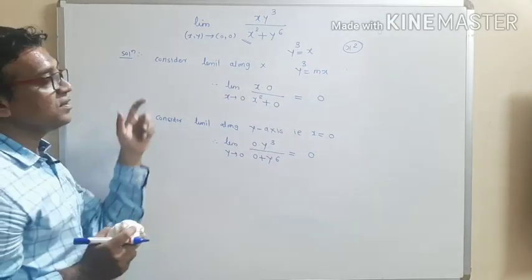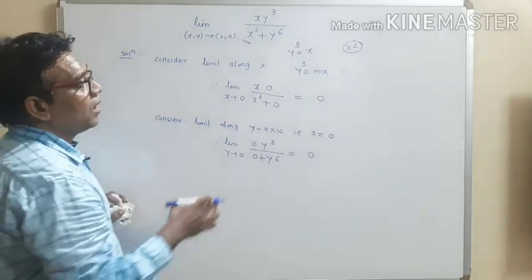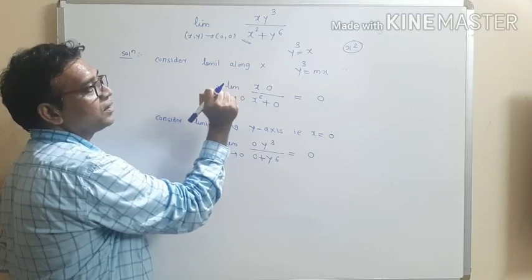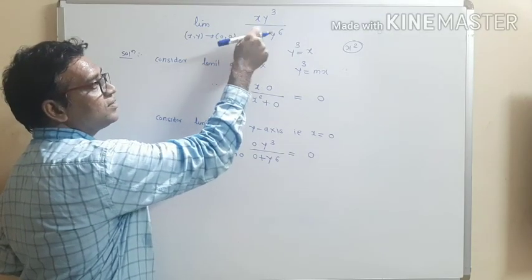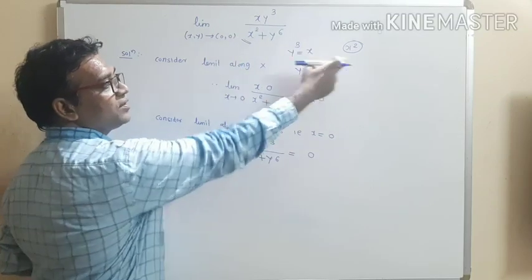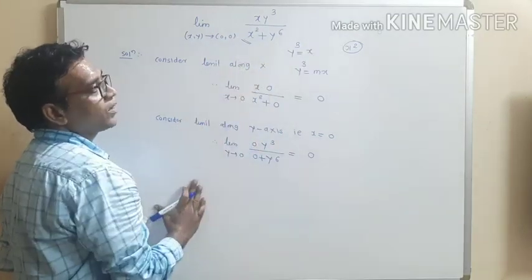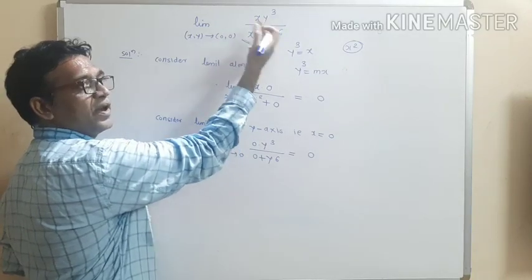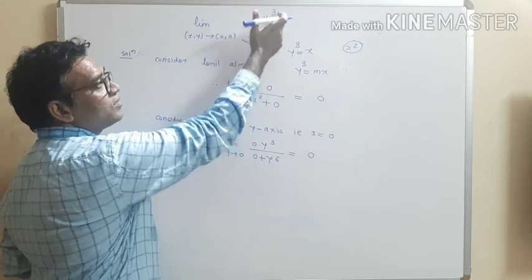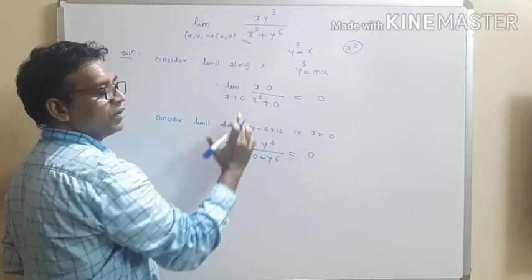So see how to get this third path. How to find out the third path? By finding the maximum power. Maximum power for x in denominator, it is x square, it is the maximum power. So adjust this x square in numerator. So in numerator already there is x, that means we have to take this y cube equal to x.